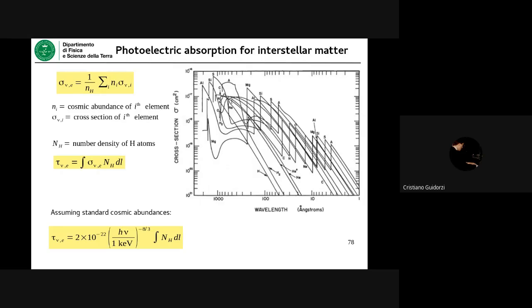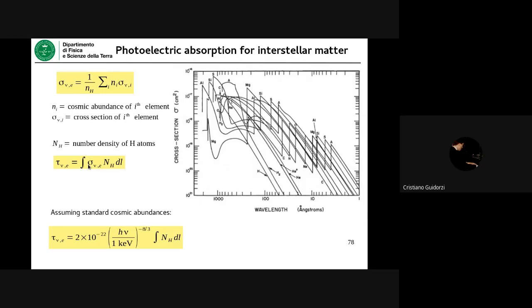Once you assume that, automatically this is equivalent to calculating the effective cross-section. And so for a given number density and for a given path, so for a given source, and this is encoded in this integral, you calculate immediately this quantity here.